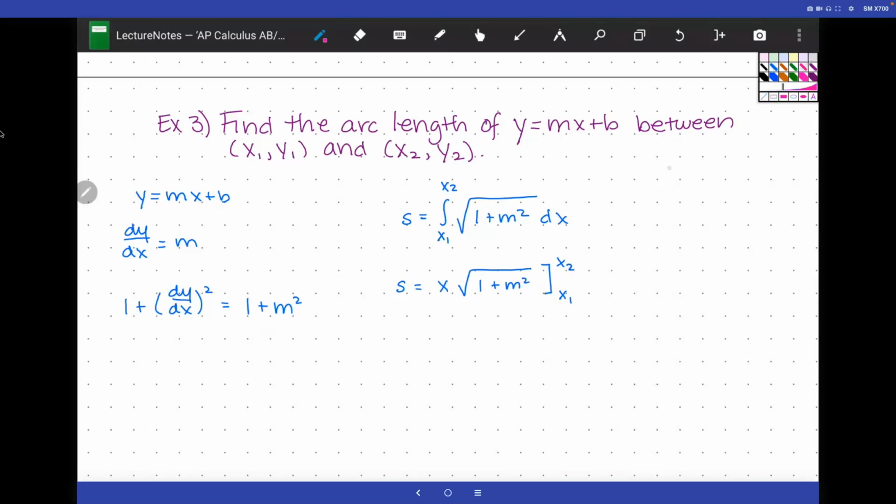And if you're like, wait, what just happened? Remember, what's the integral of 4 dx? That's 4x plus c. So whenever you integrate a constant, it's just that constant times x for the antiderivative. So we got this. We're just going to keep going with it. Then we plug in.